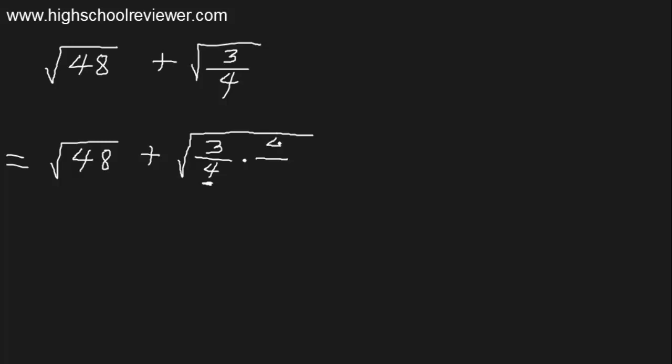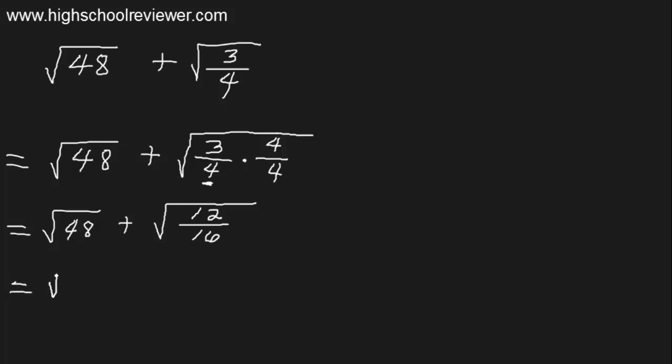So this will be multiplied by 4/4. So we have square root of 48 plus the square root of 3 times 4, that is 12/16. Okay. So this will be square root of 48 plus the square root, we can rewrite this as the square root of 12 divided by the square root of 16.